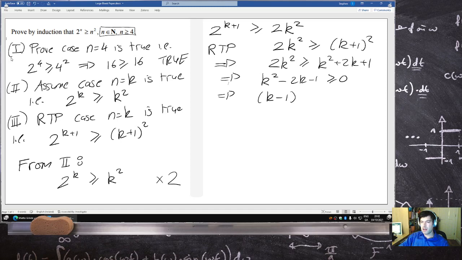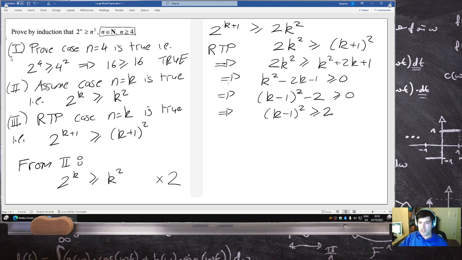Complete the square here, k minus 1 squared minus 2, isn't it? Is that greater than or equal to 0? Or maybe it might be clearer to say, is k minus 1 squared greater than or equal to 2?